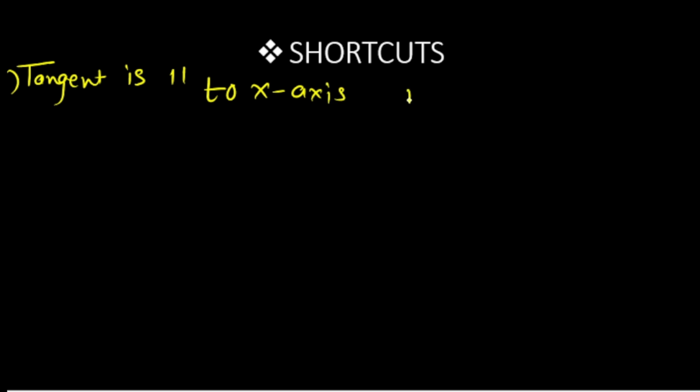Let us know about the shortcuts also. It will be very easy for us to understand. Now let us know the shortcuts. First, tangent is parallel to the x-axis: m is equal to 0, dy by dx is equivalent to 0.